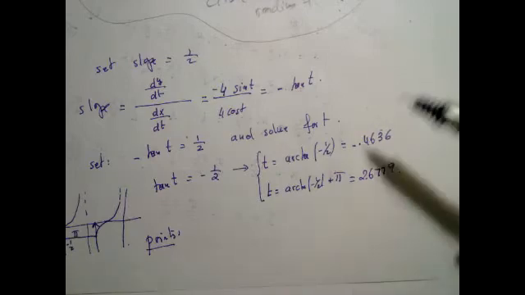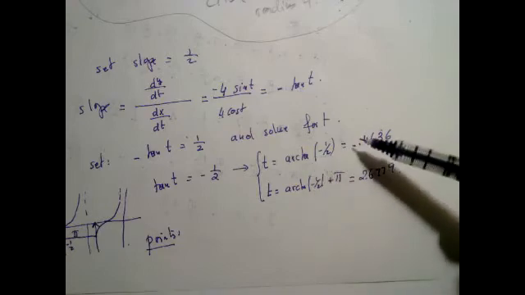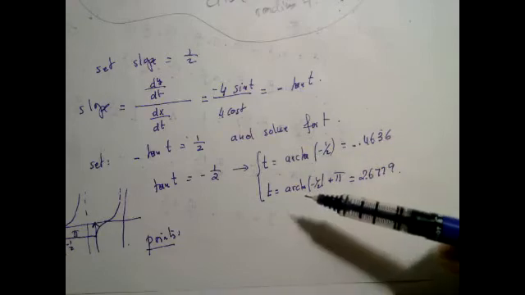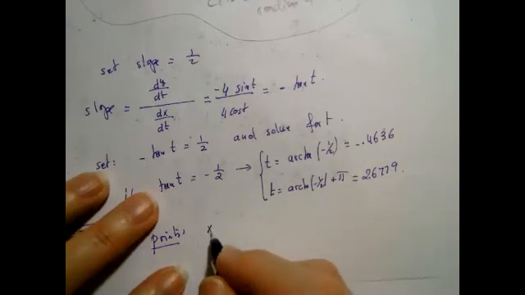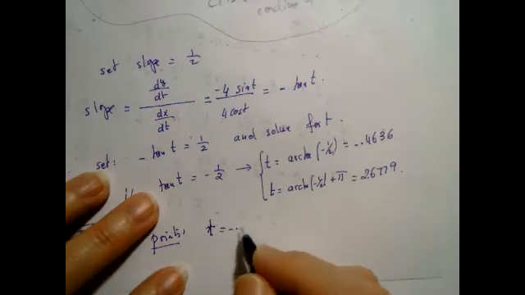So what I found now is for which value of t the slope is equal to -1/2. How do I find the point on the circle where the slope is -1/2? We plug those values of t in for cosine t and sine t. So we're going to have 2 points. The first one is the one that corresponds to that.